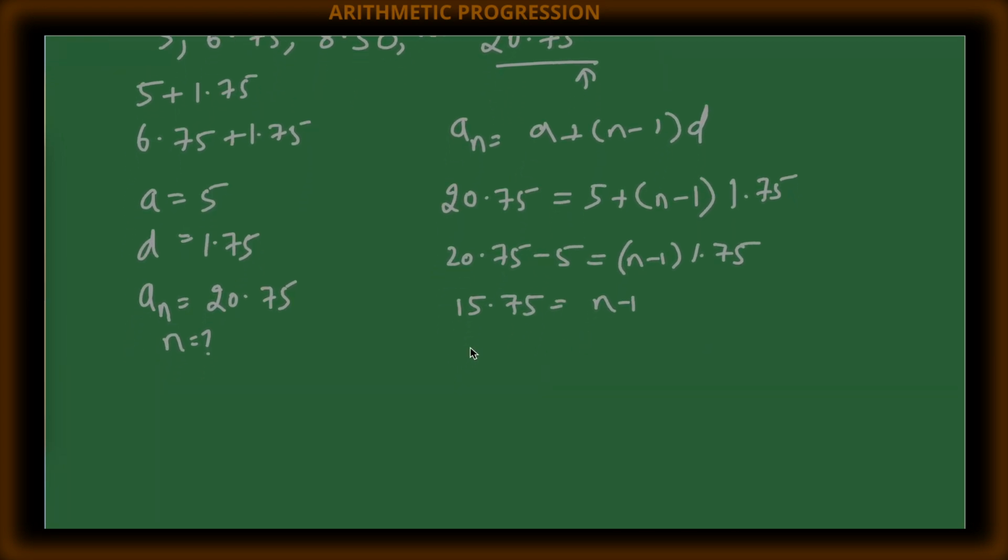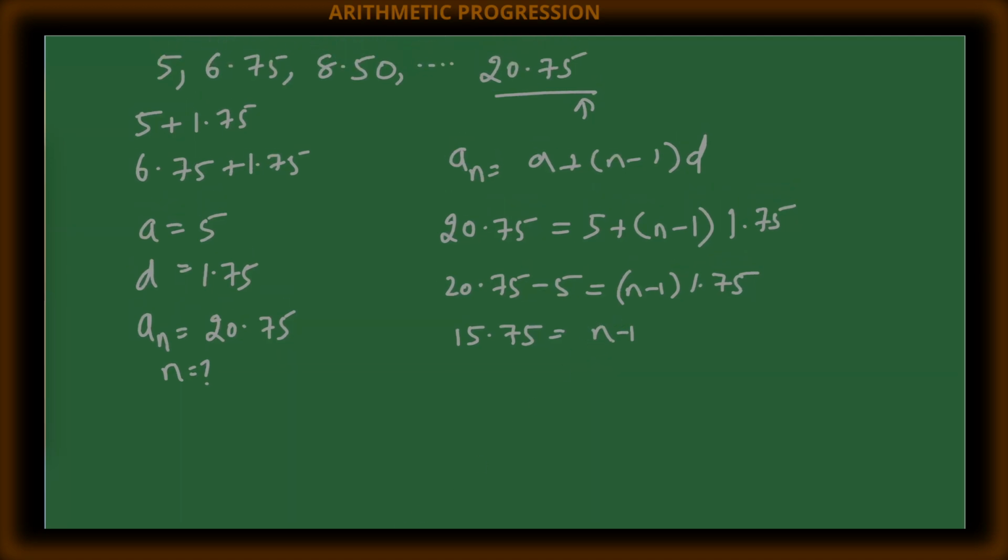So 15.75 divided by 1.75 is equal to n minus 1.